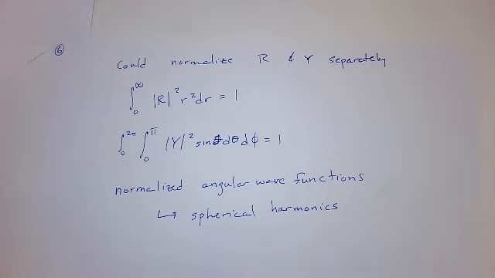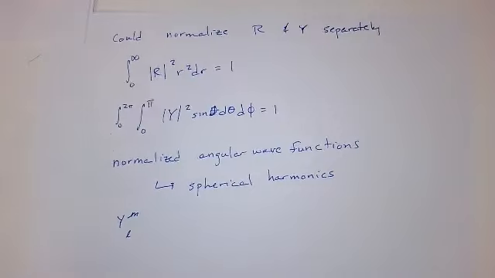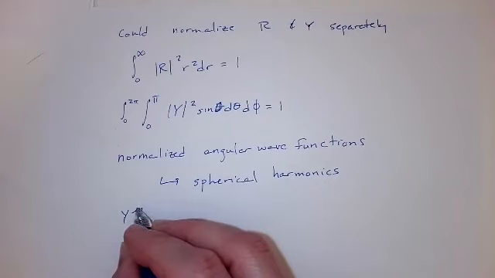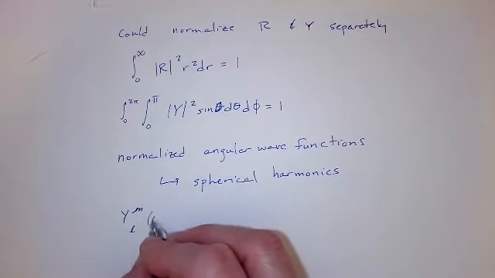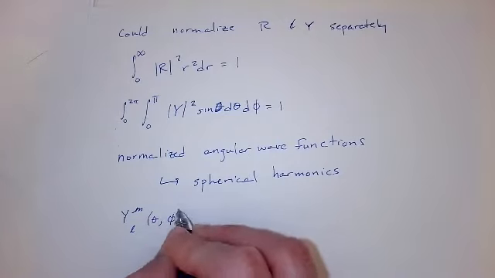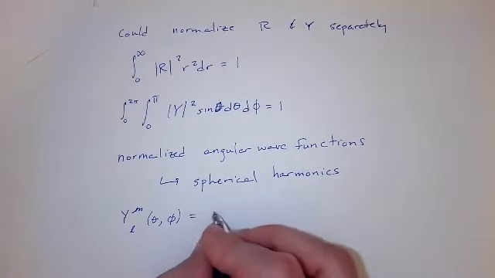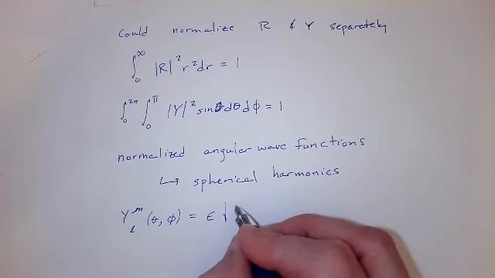So for our spherical harmonics, we would have our angular equations, and I'm going to denote these with both the m and l quantum numbers that we already described. And remember, they're codependent. So the allowed values for m are dependent on the allowed values for L. This is a function of both of our angles, theta and phi. I'm going to throw in this little epsilon and explain what it is in a second.